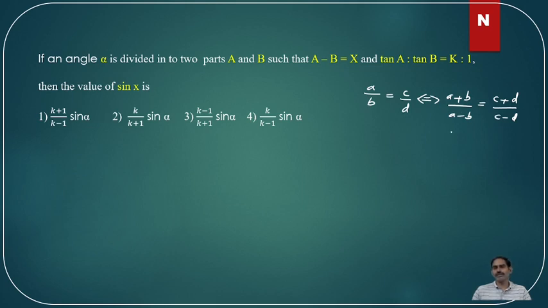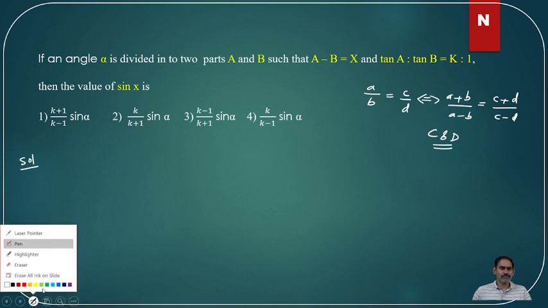This process is known as componendo and dividendo. That means numerator plus denominator by numerator minus denominator. See here, given solution.